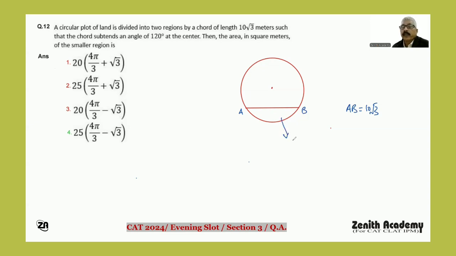We have to find the area of the smaller region. Okay. And it is given that this chord is making angle 120 at the center.